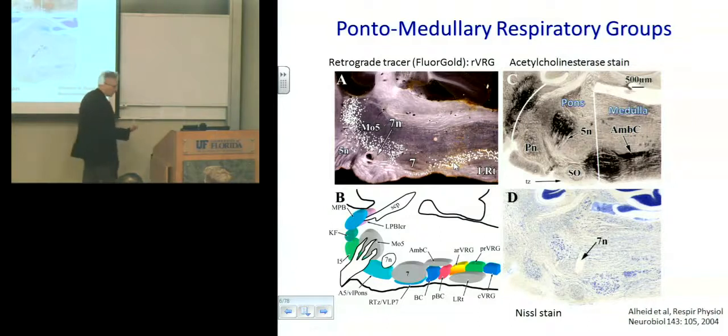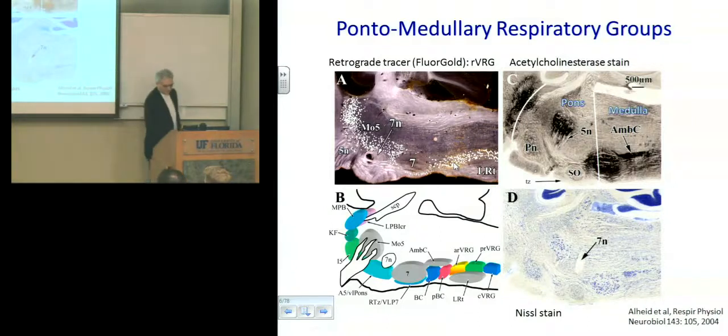When you do that, you look at a parasagittal section here, and you see that neurons project sort of throughout that entire lateral aspect at some level.